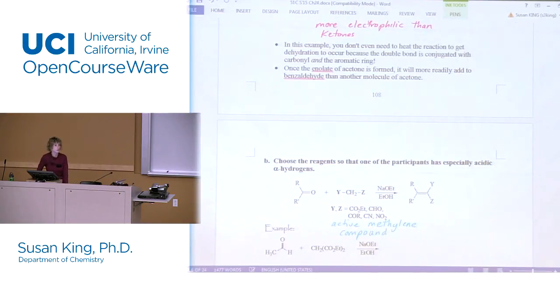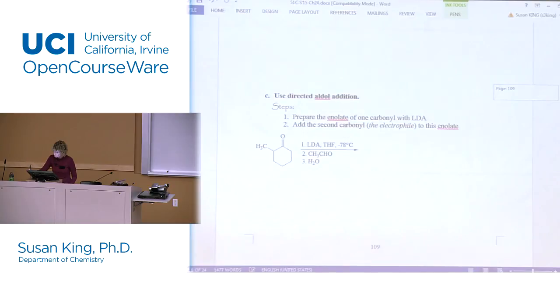Way more acidic than a non-active methylene compound. So when we add base, we're going to exclusively form the enolate on the active methylene compound. We are not going to form the enolate on the regular carbonyl. And so this is going to be another great reaction here. It's going to work well.